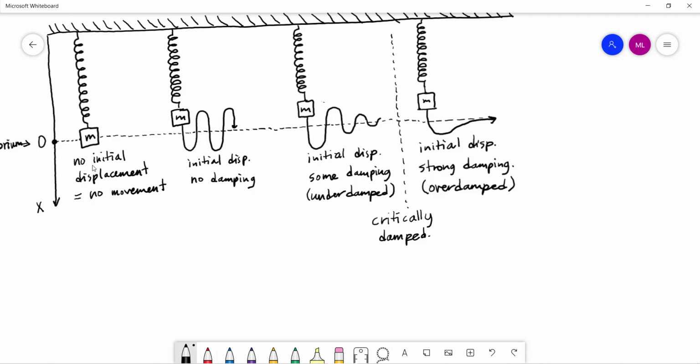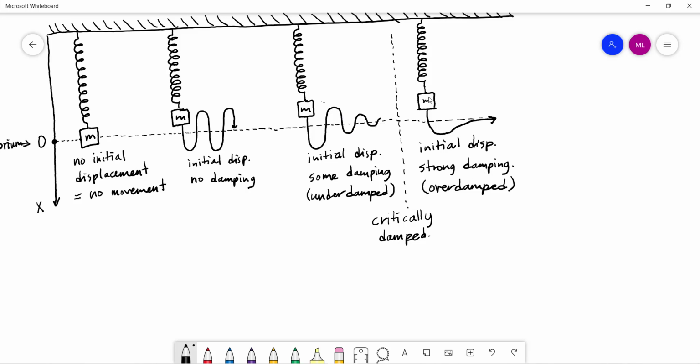So if we don't do anything to it, it's not going to move. If there's no damping, but we displace it, it's going to oscillate forever at basically just the same amplitude indefinitely. There's no friction. There's nothing to stop it or slow it from oscillating. But if we add some friction, we'll still see those oscillations, but they will decrease in amplitude over time, getting weaker and weaker.